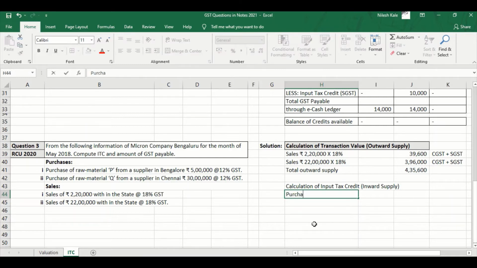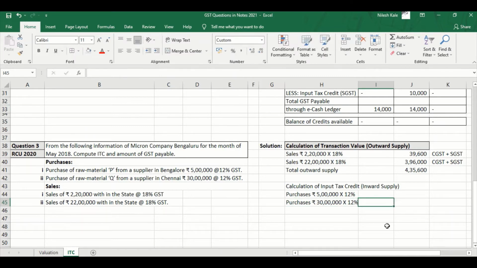Let us start solving this. Purchases rupees 5 lakh into 12% GST, and here purchases rupees 30 lakh at 12% GST. I will just change this value, 30 lakh at 12% GST.